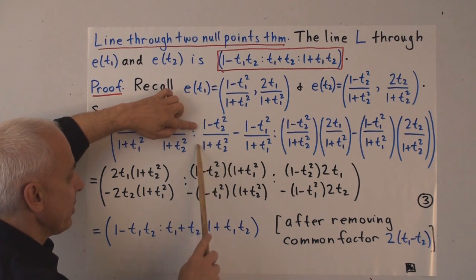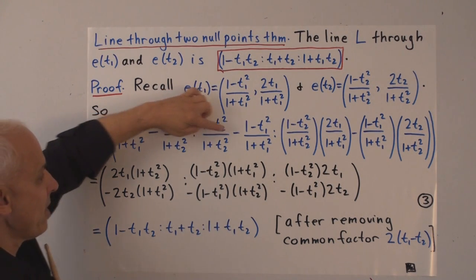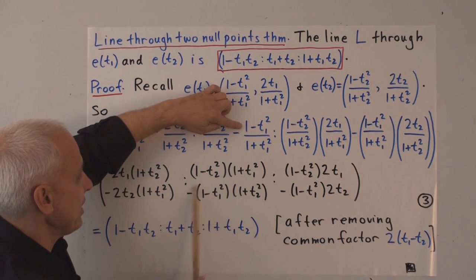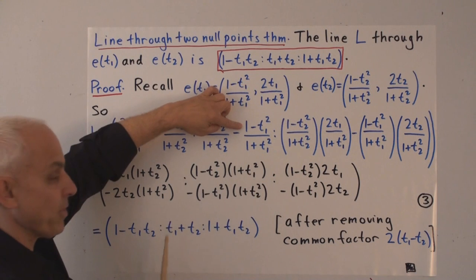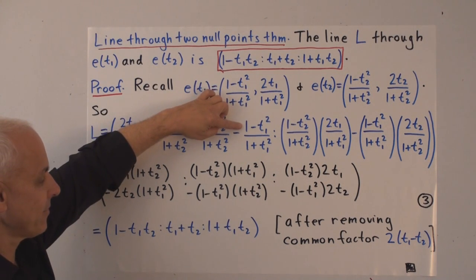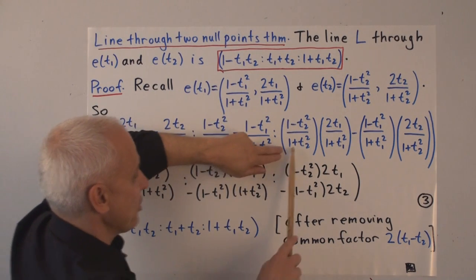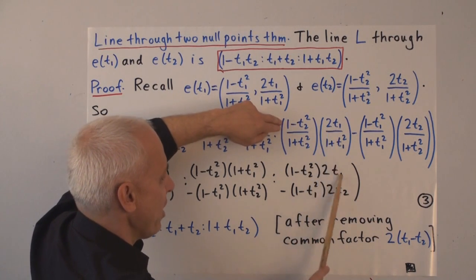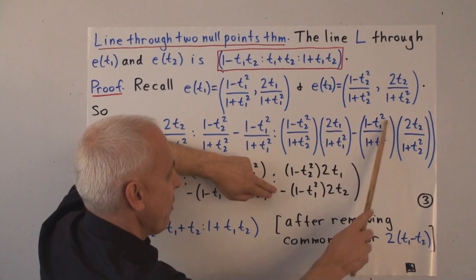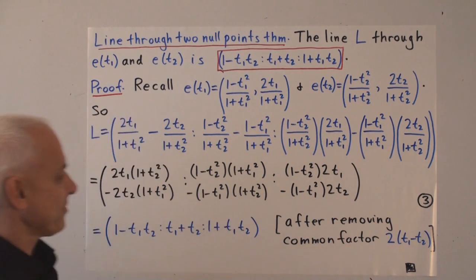The other one disappears with that. Minus 1 minus t1 squared times 1 plus t2 squared, because the 1 plus t1 squared gets cancelled. And over here, we're just cancelling all of these denominators. We just get 1 minus t2 squared times 2t1 minus 1 minus t1 squared times 2t2.